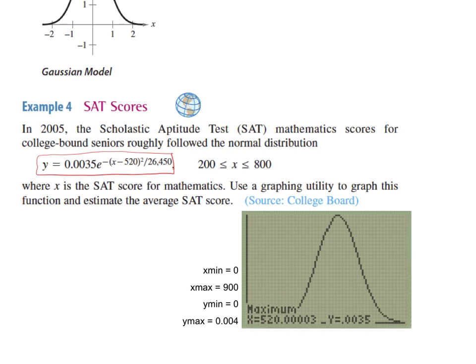Now notice, we said the peak of our model on the normal distribution is the mean, right? Think about our function transformations. I know we didn't learn the Gaussian parent function, but that's okay. Where is our mean shifted to in this case?